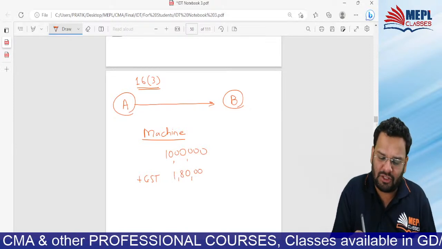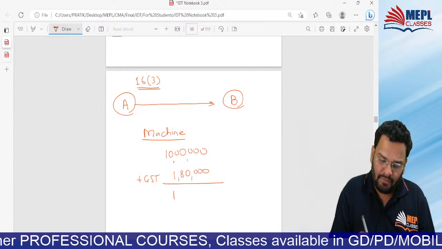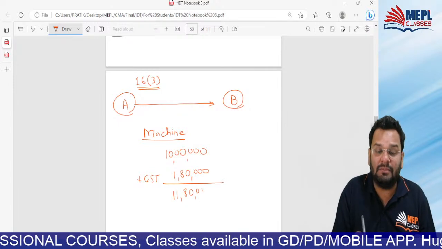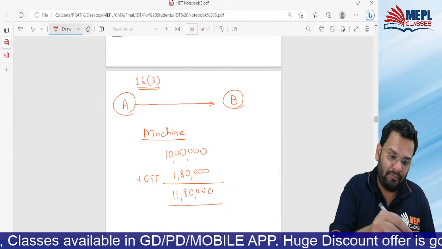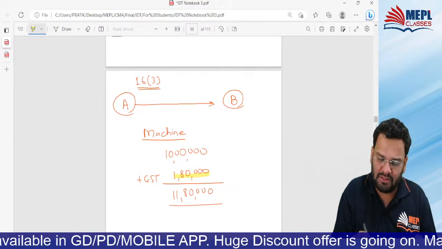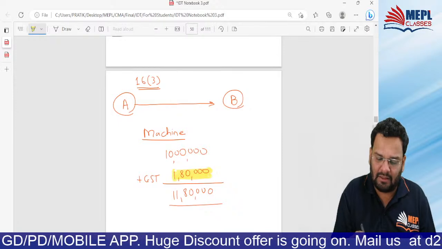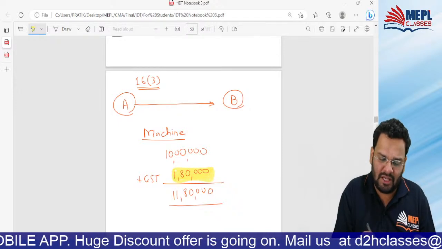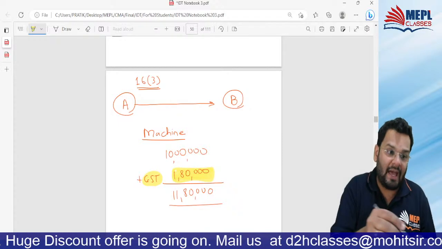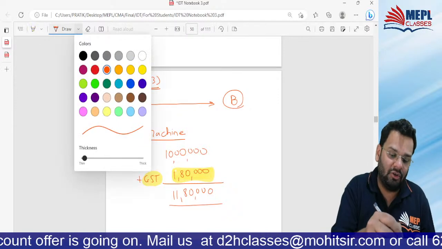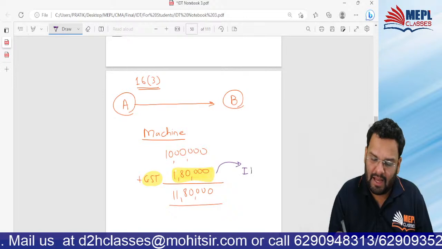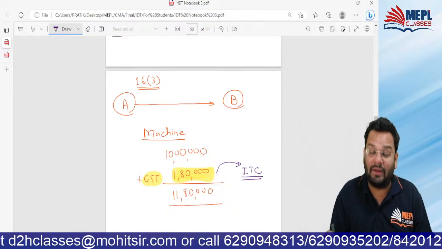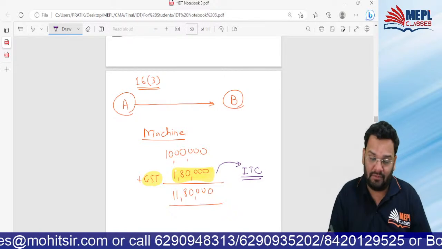My simple question to you is, can ITC be claimed of this 1,80,000, the GST on the machine?